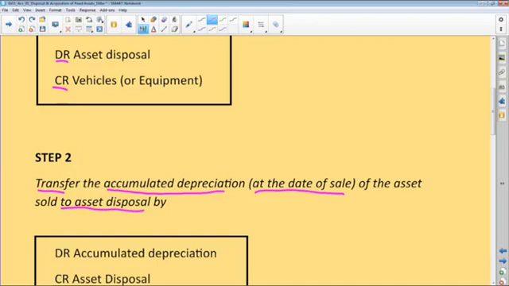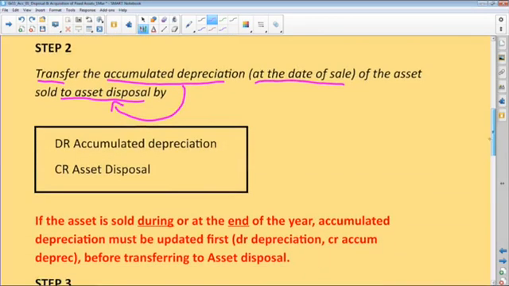So I'm transferring accumulated depreciation and I'm sending it to a T account called asset disposal. And once again, there's a journal entry that needs to be passed. So the journal entry will be as follows. I'm going to debit accumulated depreciation, and this time I'm going to credit asset disposal. Okay, with me.